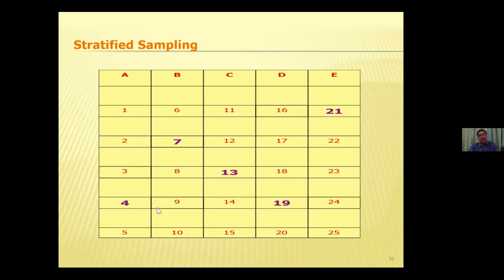Let's take city A: I have collected data from respondent 4. City B: roll number 7, C 13, D 19, E 21.